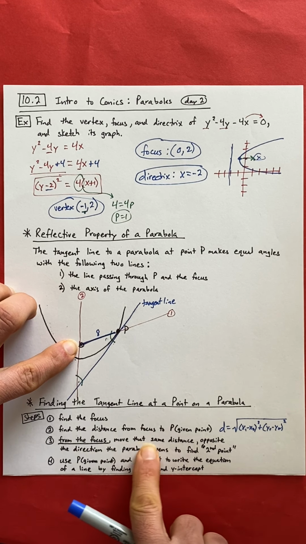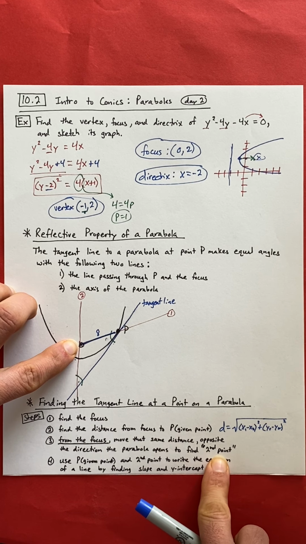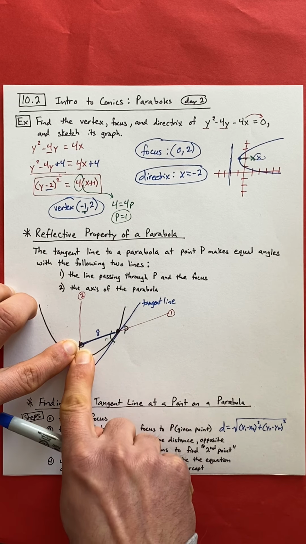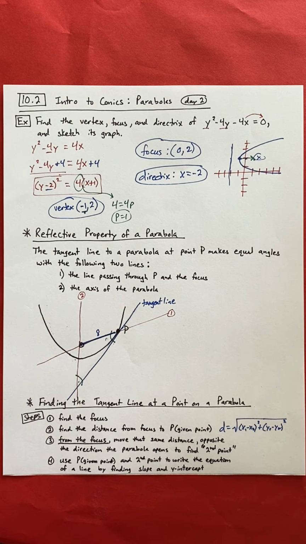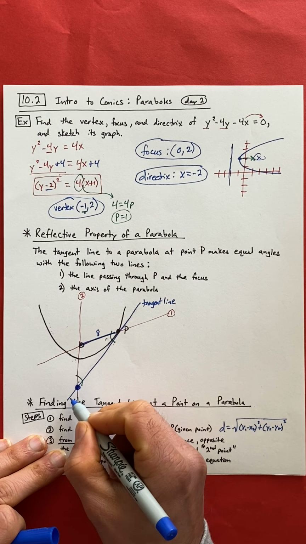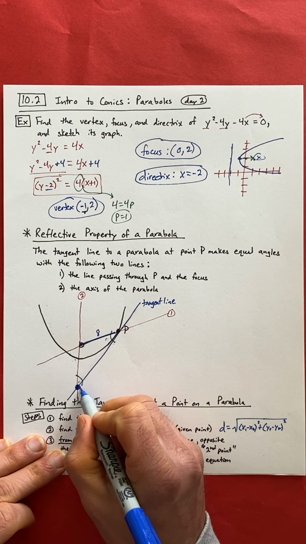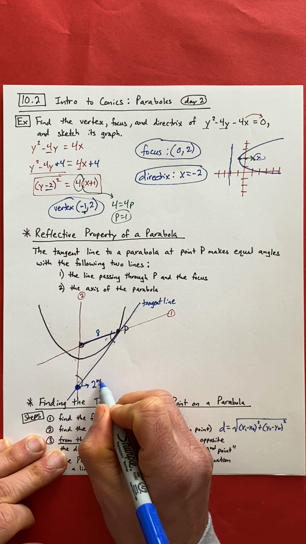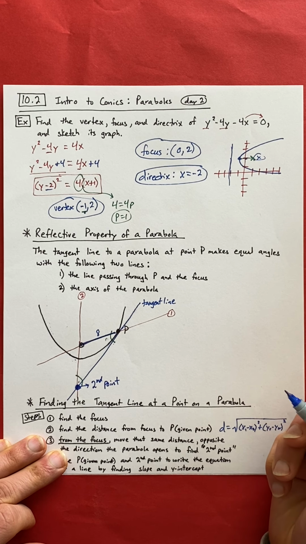So from the focus, move the same distance, the opposite direction the parabola opens, to find what I call the second point. So from that focus, if this distance is 8, I'm going to go down 8. And what that should find is this point here, where the tangent line and that axis of the parabola intersected. This is the second point. The book doesn't call it anything, and that's as creative as I can get, is to call it the second point.